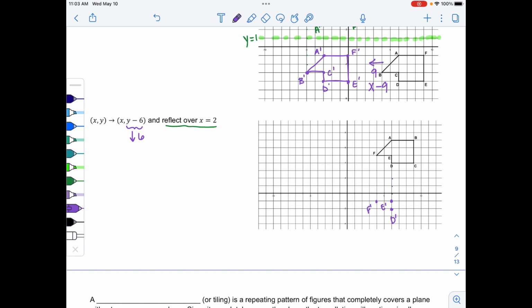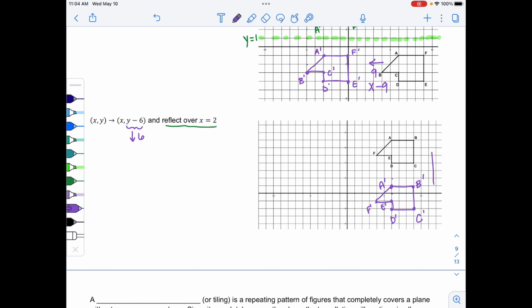Here's A prime. Here's B prime. Here is C prime. So I'm going to go ahead and connect my dots, make sure the right dots get connected by a line segment.